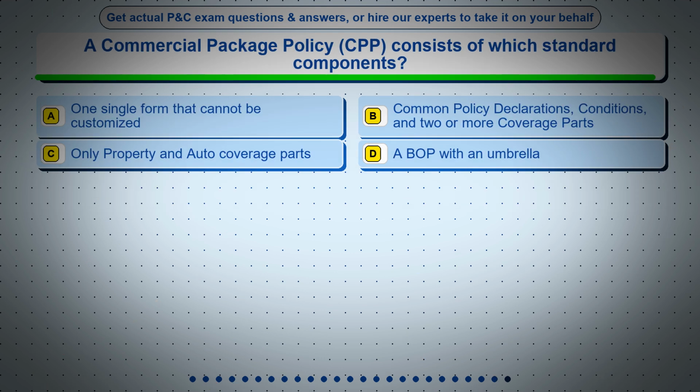Question 24. A commercial package policy, CPP, consists of which standard components? Option A, one single form that cannot be customized. Option B, common policy declarations, conditions, and two or more coverage parts. Option C, only property and auto coverage parts. Option D, a BOP with an umbrella.